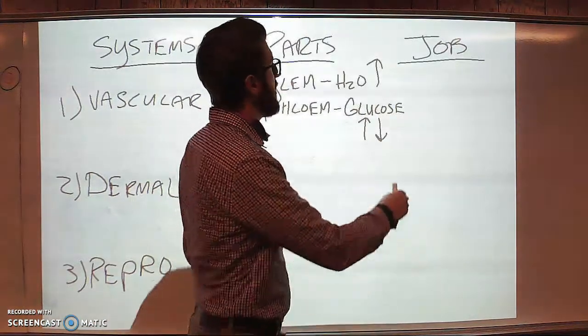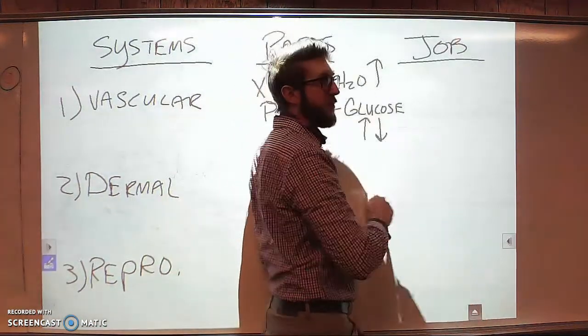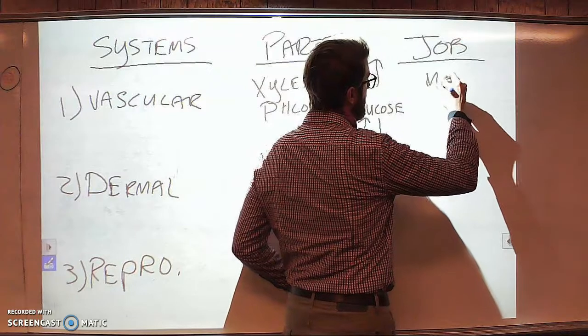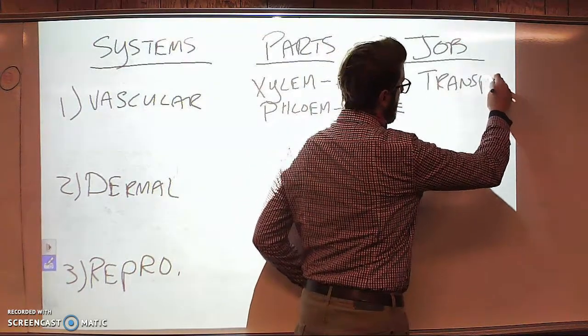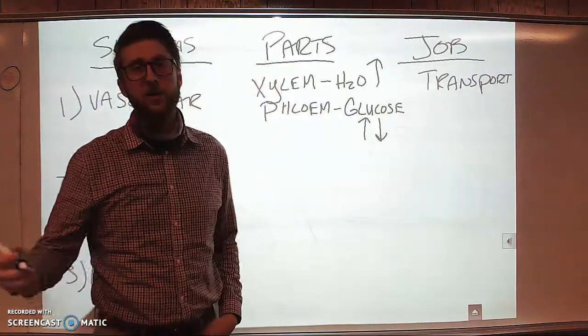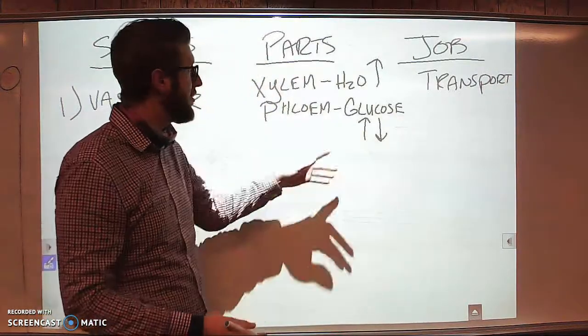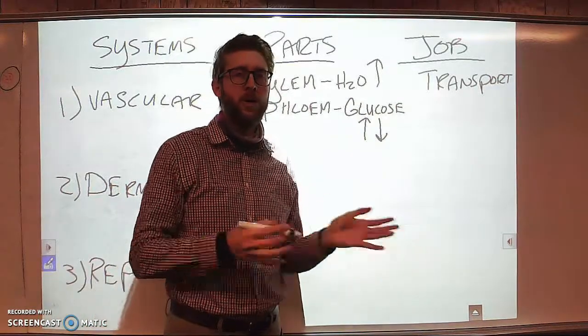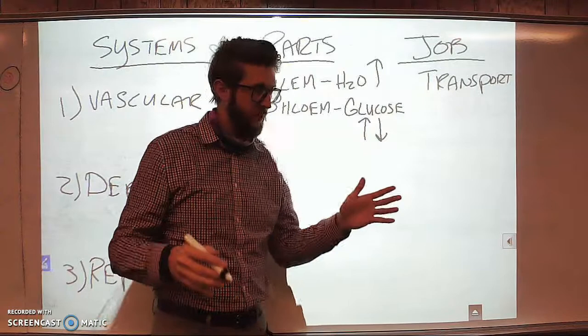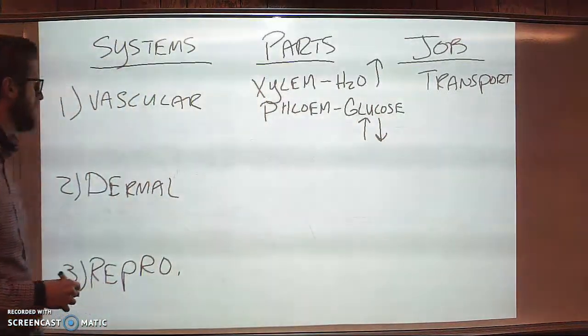Okay? So the job of the vascular system is simply to transport. What are we transporting? We're transporting all sorts of things. We're transporting food, water, minerals, anything that gets moved around from point A to point B inside the plant. It happens here in the vascular system.